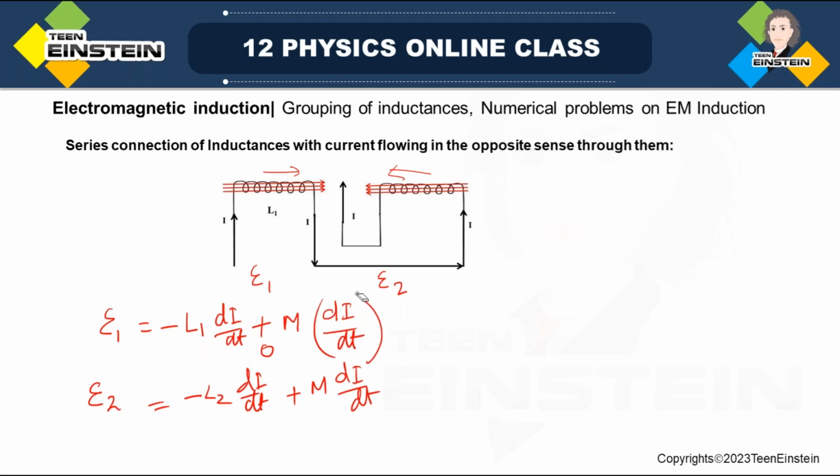So in this case, what will be the thing here? If I say it is added up, because I have already considered the sign over here. Let me take this coil getting added up.